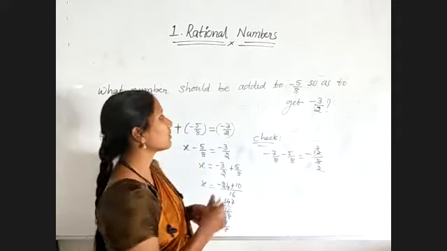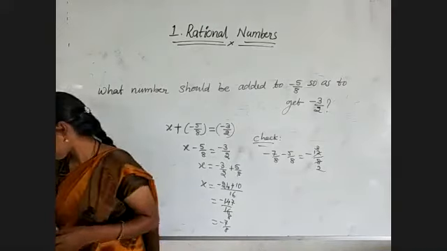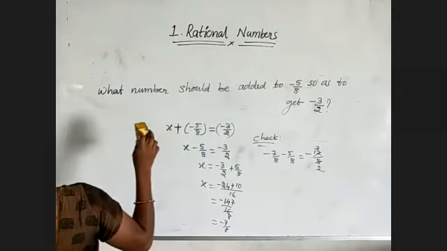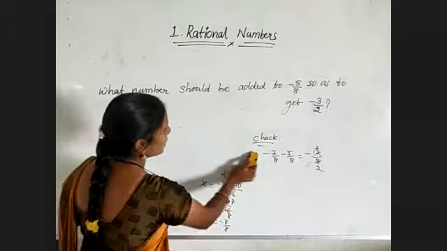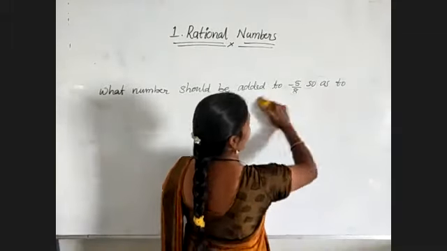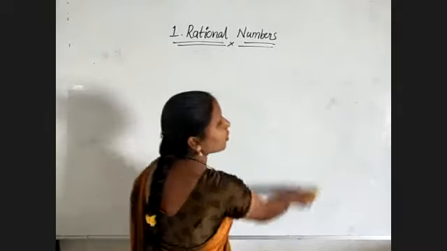See, suppose, I told you already. And next, see, 0 is the additive identity of rational numbers, I told you. And what is the additive identity element for whole numbers?